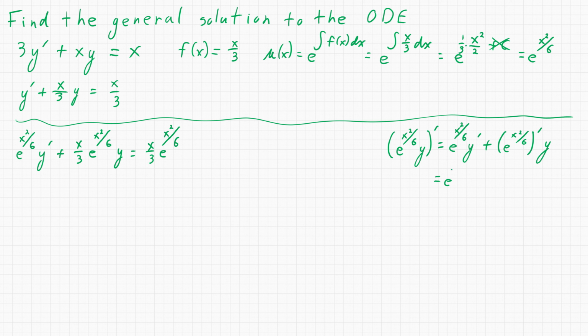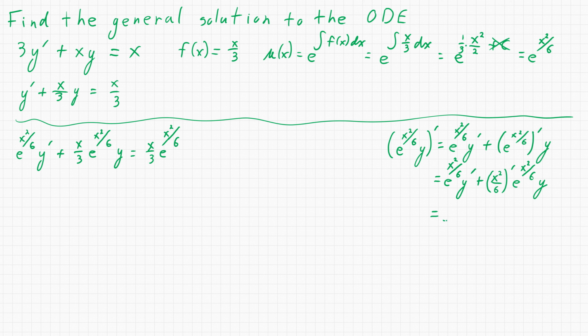Well, okay, so what's that going to be? Whenever we take the derivative of an exponential, the exponential sticks around, but we also take the derivative of its exponent next to it. So we're going to end up with x squared over 6 prime times the original exponential e to the x squared over 6 times y.